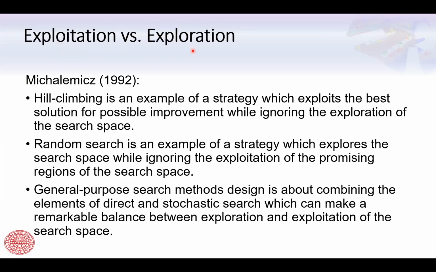Exploitation against exploration. And here, even though we talk about single objective, it's interesting to know how we can do exploration to find new solutions, even though our aim is to find a single objective. So hill climbing is a good example of a strategy where you go deeper to find a better solution by possible improvement, but then you actually ignore the exploration of the search space, because you always just explore the vicinity of the solution that you have now.